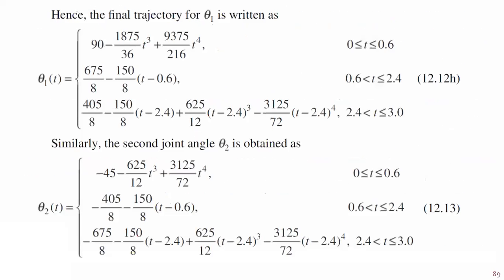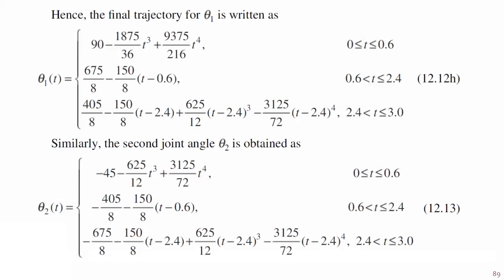Hence, the final trajectory for theta 1 is written as theta 1 of t is equal to 90 minus 1875 divided by 36 t cube plus 9375 divided by 216 t raised to 4, 675 divided by 8 minus 150 divided by 8 into t minus 0.6, 405 divided by 8 minus 150 divided by 8 into t minus 2.4 plus 625 divided by 12 into t minus 2.4 bracket cube minus 3125 divided by 72 into t minus 2.4 bracket raised to 4 for 2.4 less than t less than equal to 3.3.